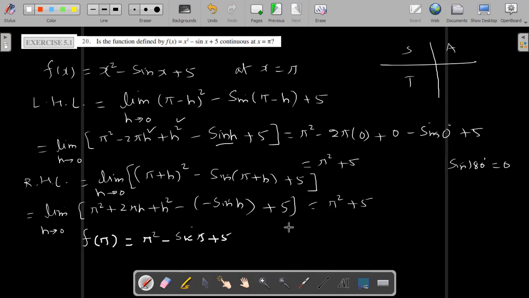So that's why we get again pi square plus 5. Okay. So we got left hand limit is equal to right hand limit is equal to value of the function at pi.